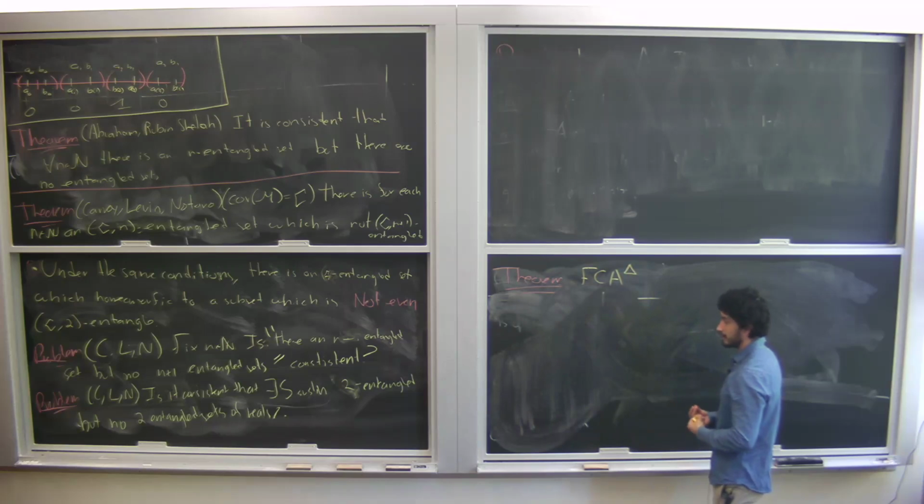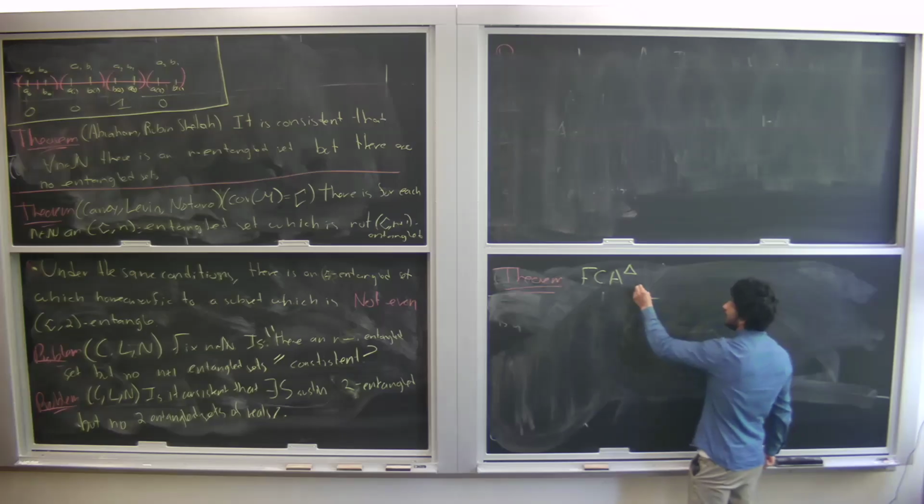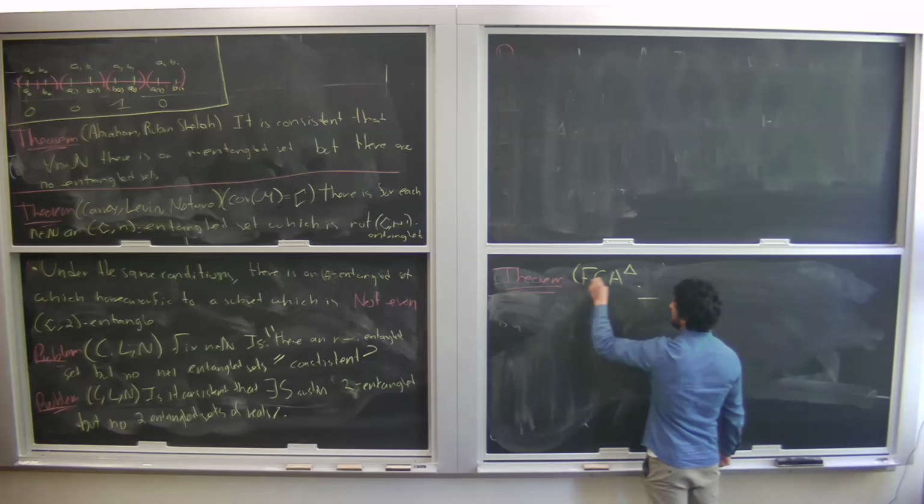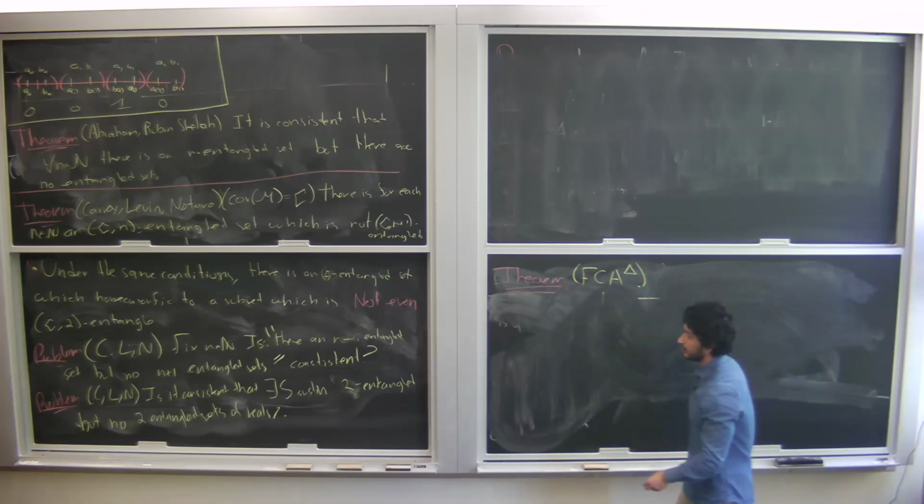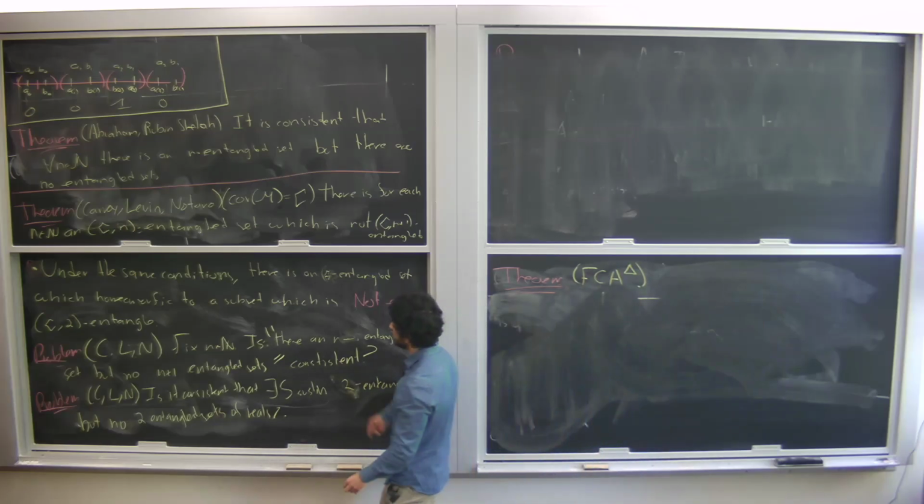You can talk about a notion that is called delta capturing. This notion of delta capturing is implied by the continuum hypothesis, and will also, for example, hold in the Cohen model. And under FCA, we can in some way improve this theorem here.